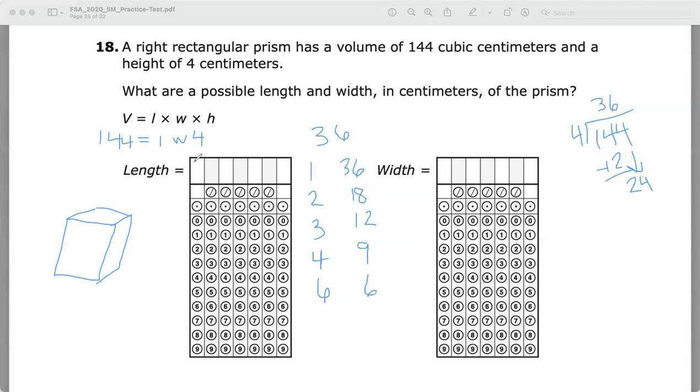So you could do 1 for length, 36 for width, or 36 for length, 1 for width. It doesn't matter as long as you have one of these factors in the length and the corresponding factor for the width. So this has a variety of different answers as long as you have one of these factored pairs for length and width.